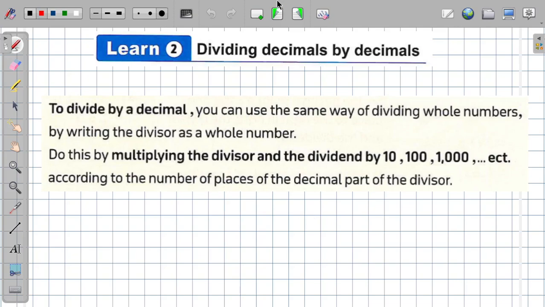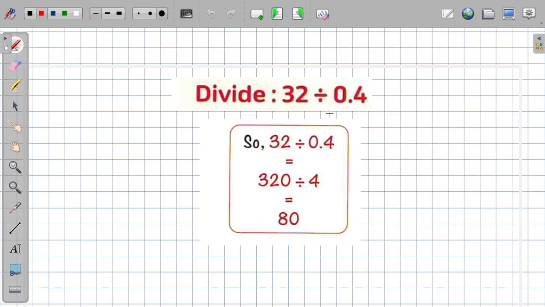So we have an example like this. I have 32 divided by 4/10 or 0.4. So I want to get rid of the decimal point in the divisor 0.4. So what can I do? I will multiply the divisor by 10.